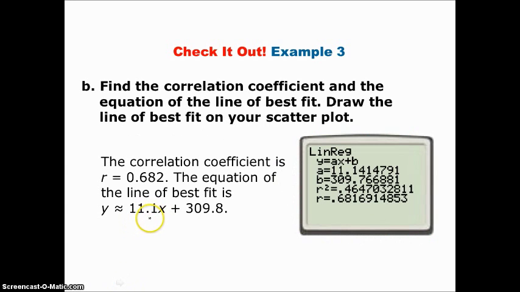If we find the correlation coefficient and the equation of the line of best fit, notice that our r, once again, is not very close to 0.9. In fact, it's even less than the one that we just did. Here is the slope, 11.1, and here is the y-intercept at 309. So the equation of the line of best fit is y = 11.1x + 309.